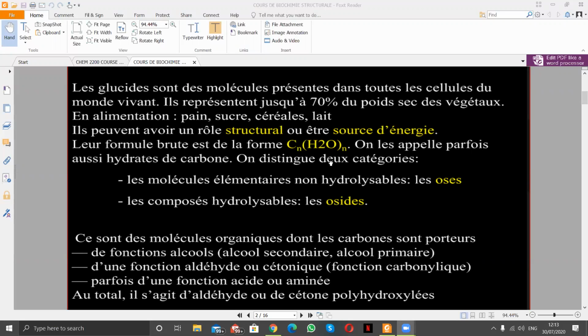We'll see as we go down, this ratio will be constant, in the same ratio, 2:1. But there are some carbohydrates which contain nitrogen, phosphorus, and sulfur.